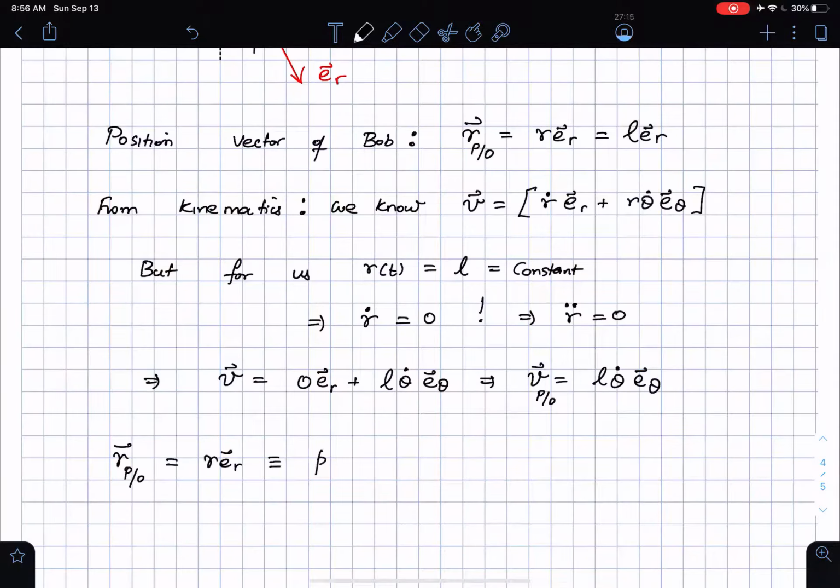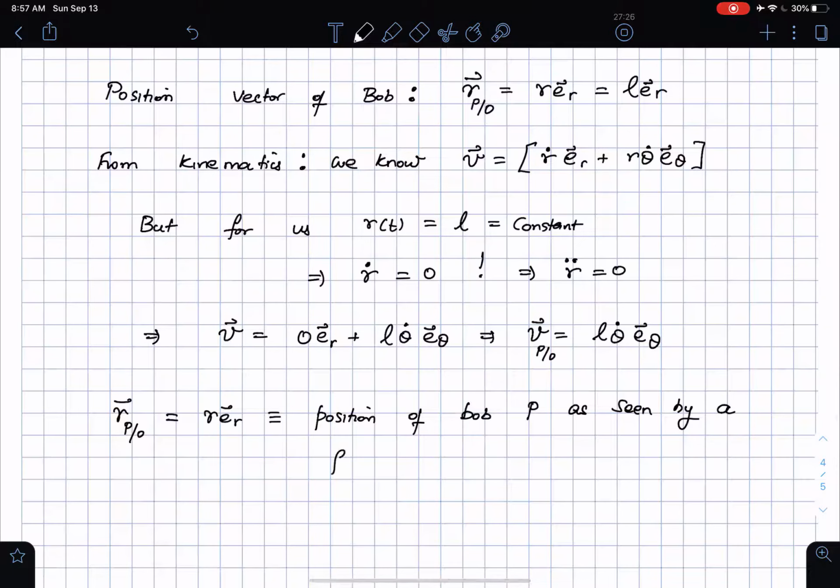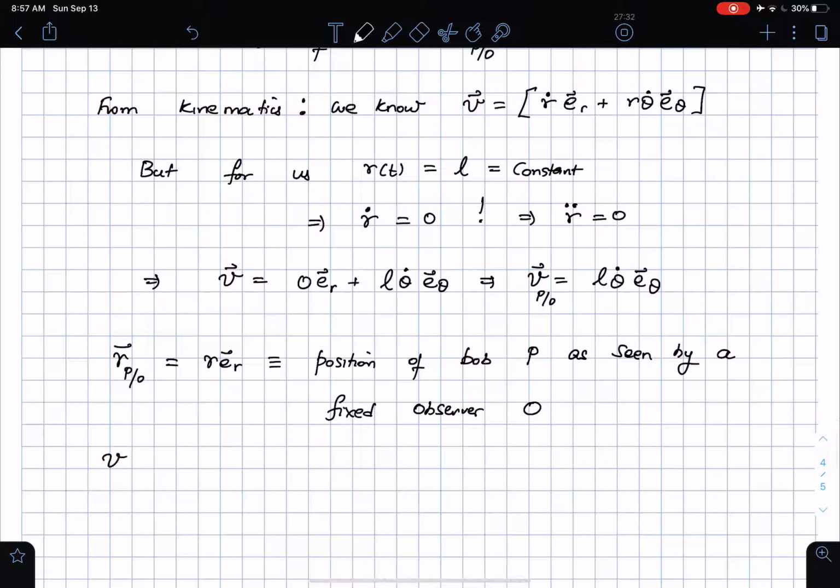This is the position of the bob P as seen by a fixed observer O. Velocity v_P/O is L theta dot e_theta.